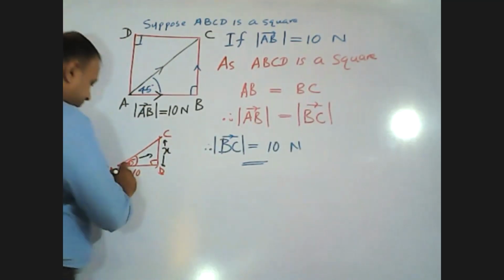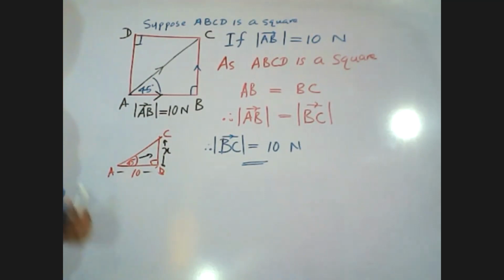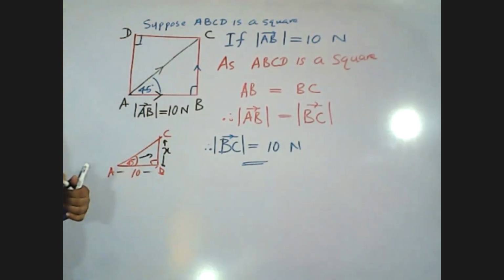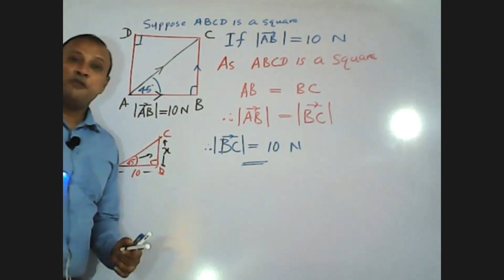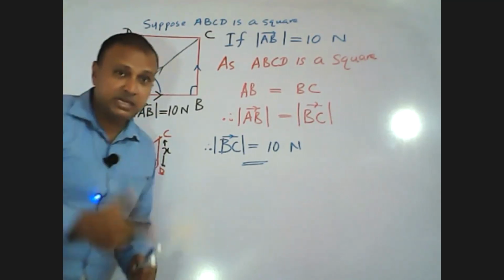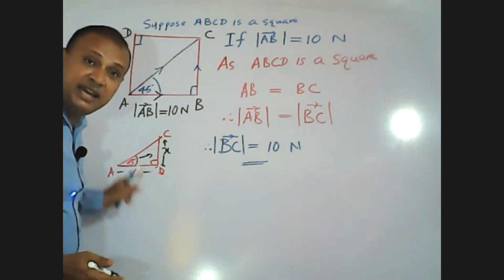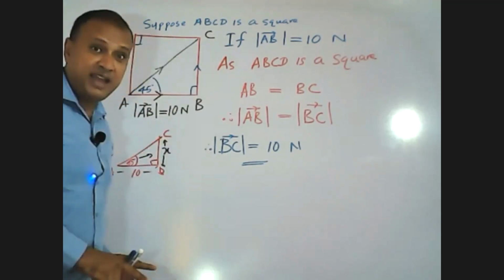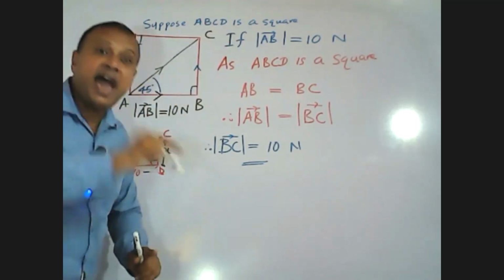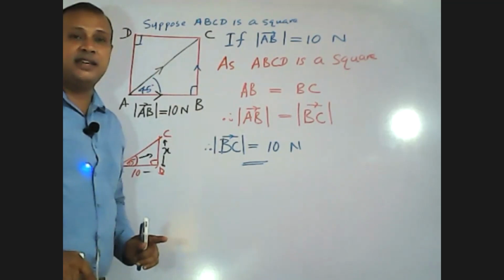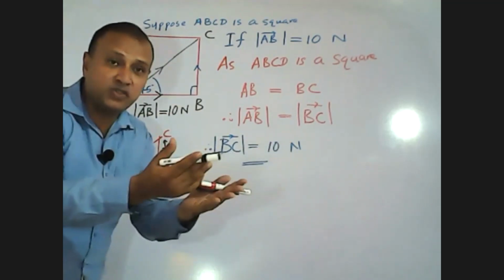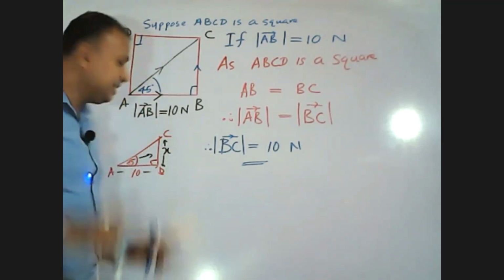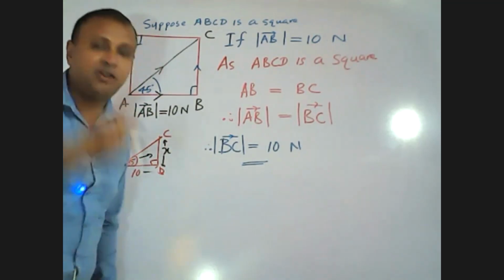Can anyone propose? Very good. According to the data, I know the angle and the adjacent side, and I want to find the opposite side. How to combine those three? You have to use the definition of tan theta.